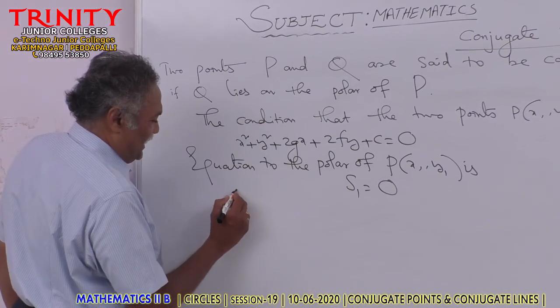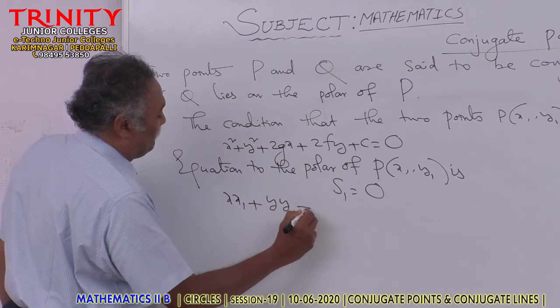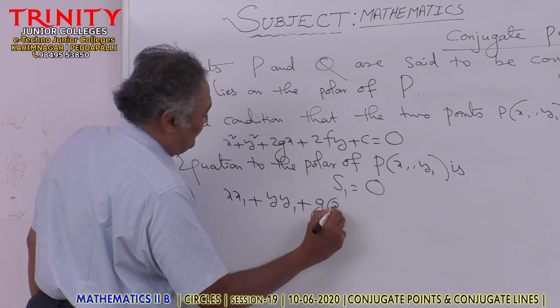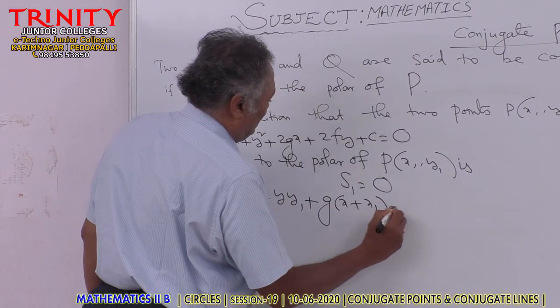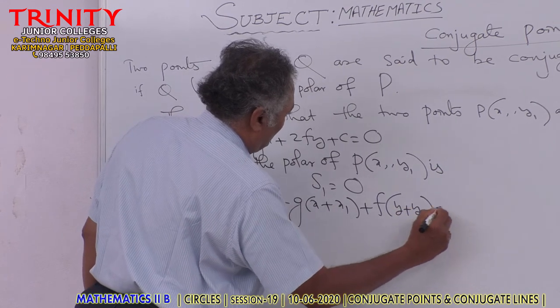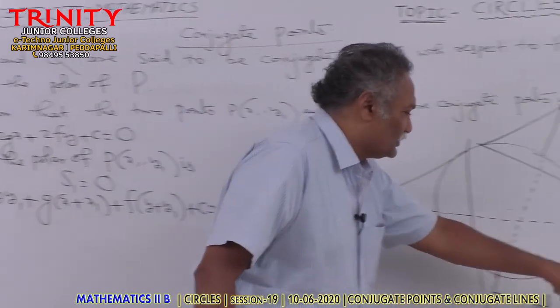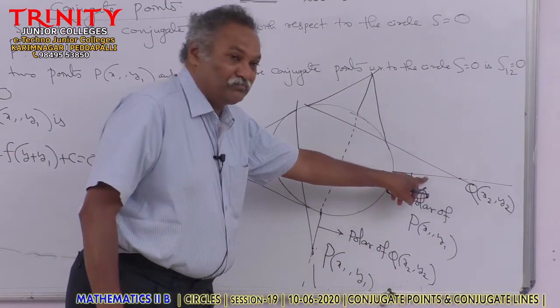That is x x1 plus y y1 plus g of x plus x1 plus f of y plus y1 plus c equal to 0. It is the equation to the polar of P.